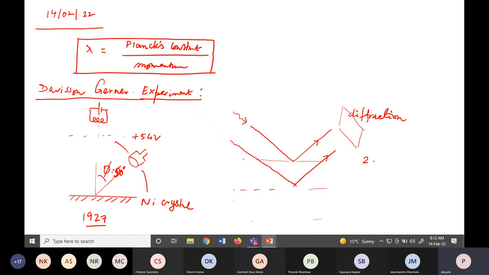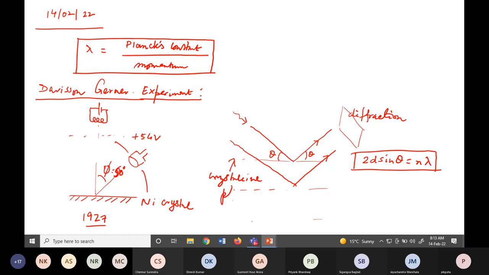Bragg showed that this equation is valid: 2d sine theta. If this is theta, this is also theta. So these are crystalline planes. Now this second ray, what is the extra path it covered compared to the first ray?